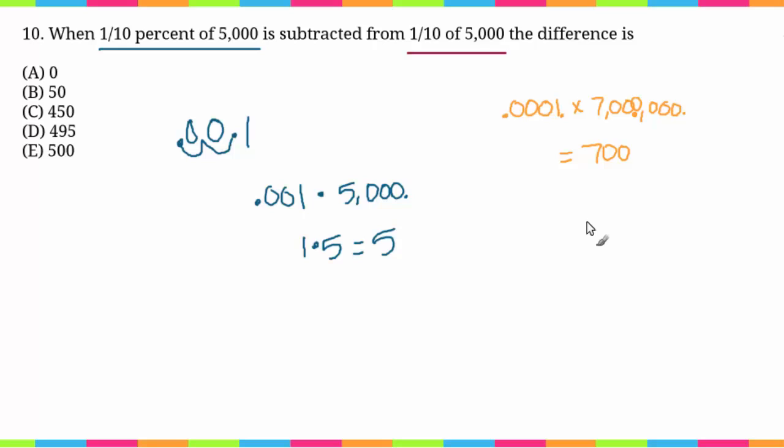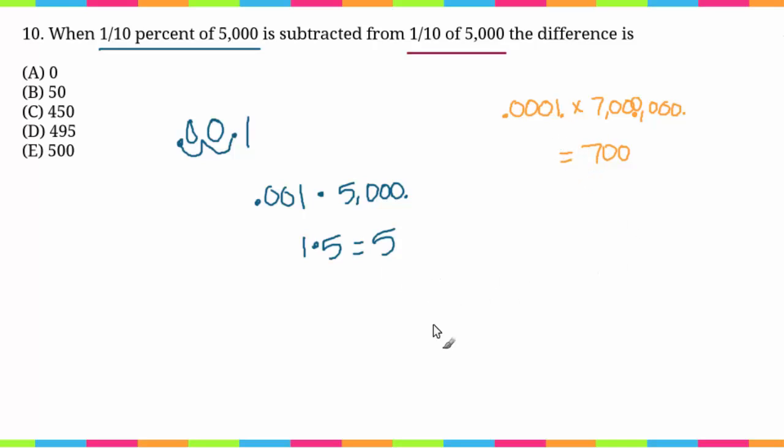One thing to note, this shortcut really only works if you have a 1 at the end. So it would not work if it was 0.010 or, well, you could make that work, but it wouldn't work if it was 0.0005. There's kind of another way to do it, but for this simplification, only use this specific trick if there's 0.000, however many zeros, and then a 1.